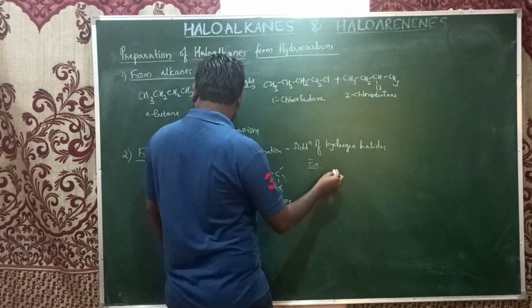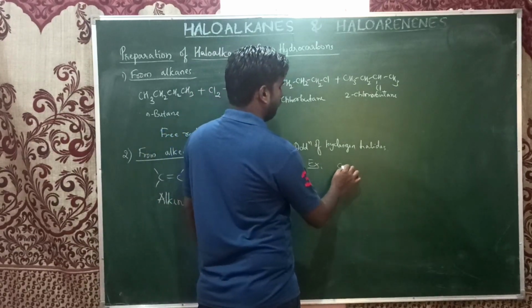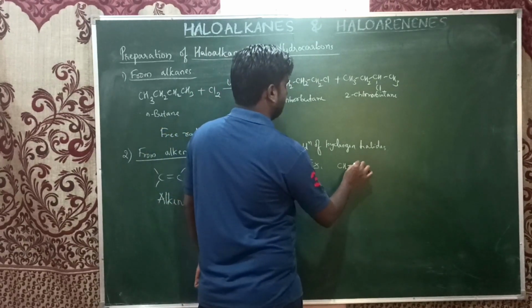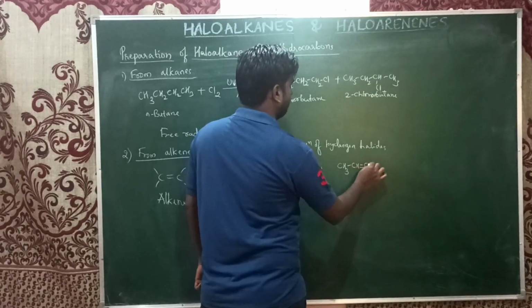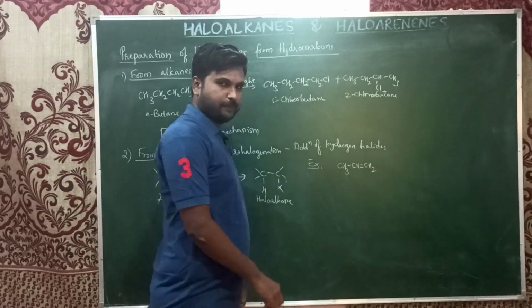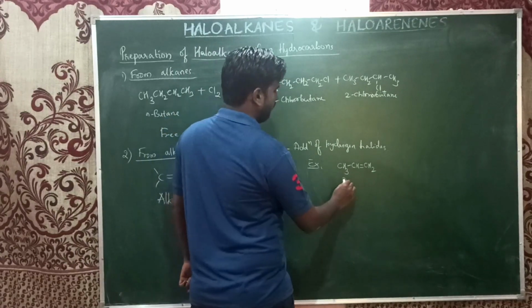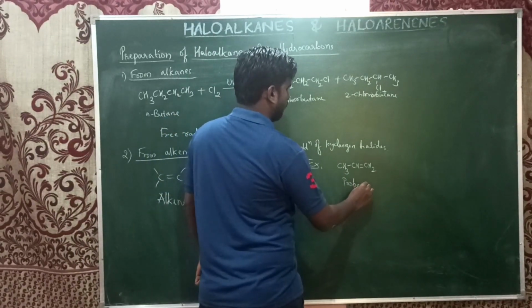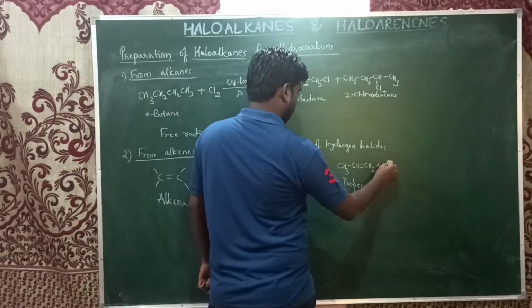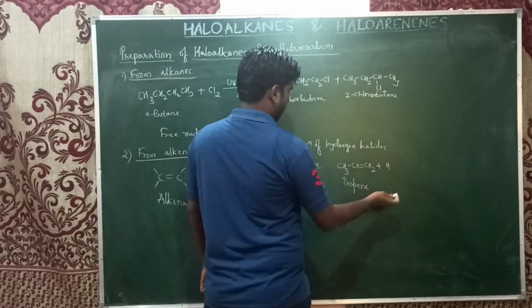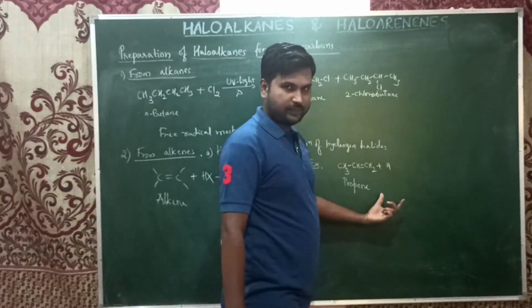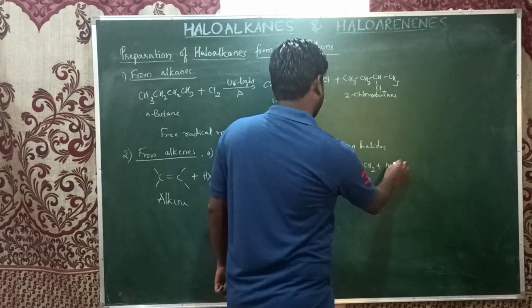I am going to take an alkene, CH3-CH=CH2, propene. When propene undergoes addition, you can add HBr and also HCl; both can easily undergo this reaction.